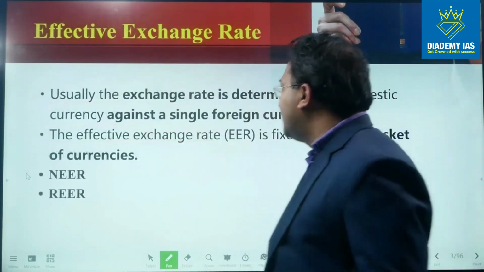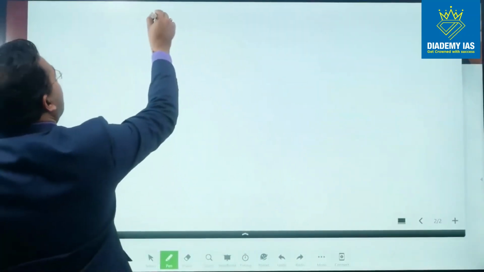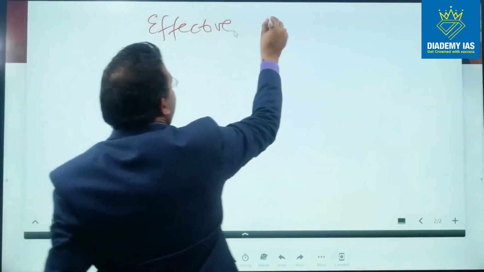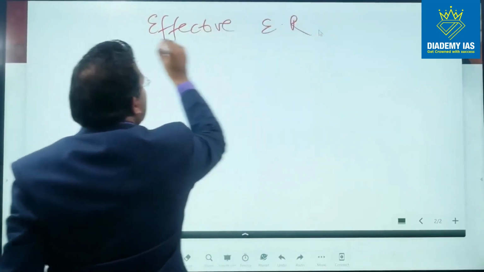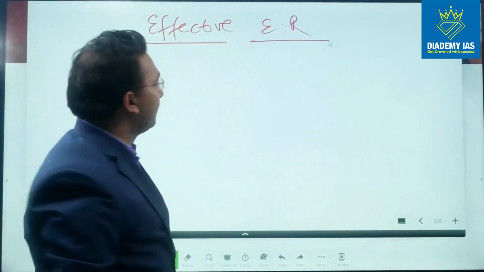So to understand the effective exchange rate, first let us discuss what is effective exchange rate, and why effective exchange rate. There are two major terms, effective and exchange rate.